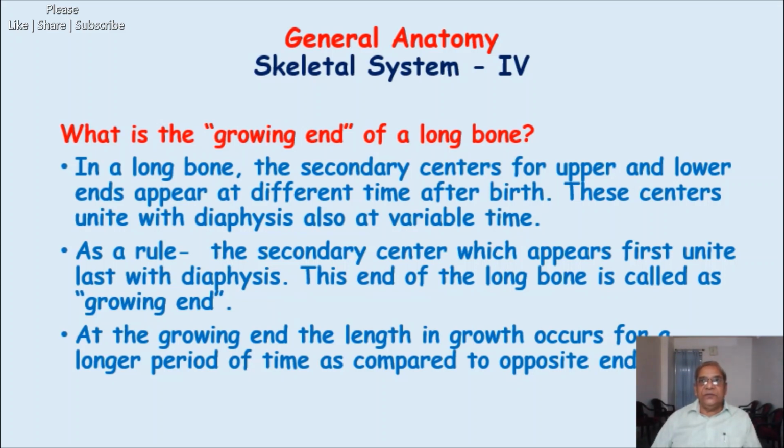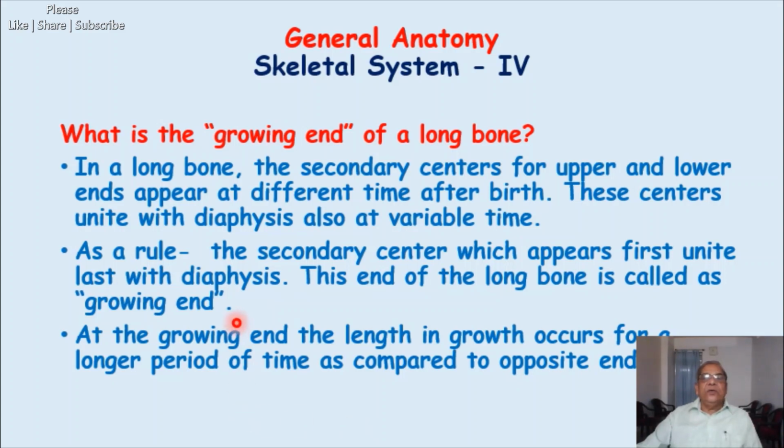So the one which appears first will unite last. This end of the long bone is called the growing end, the end which has appeared first and has united last. In the next slide, I will give you an example and show you.